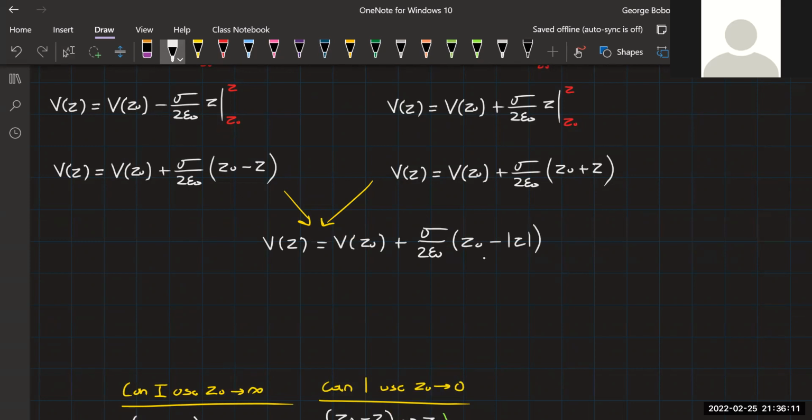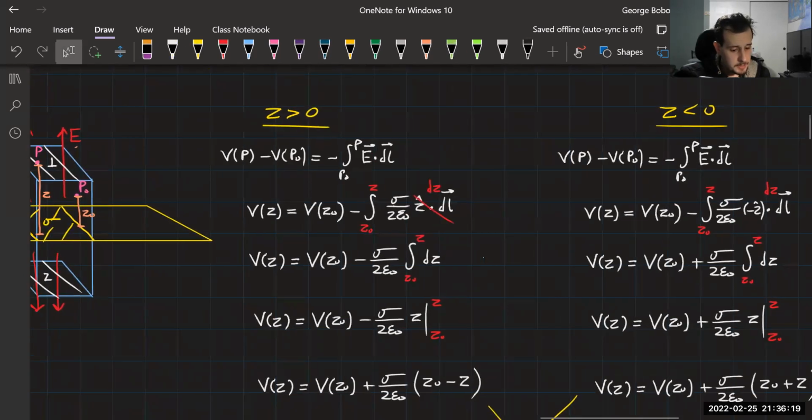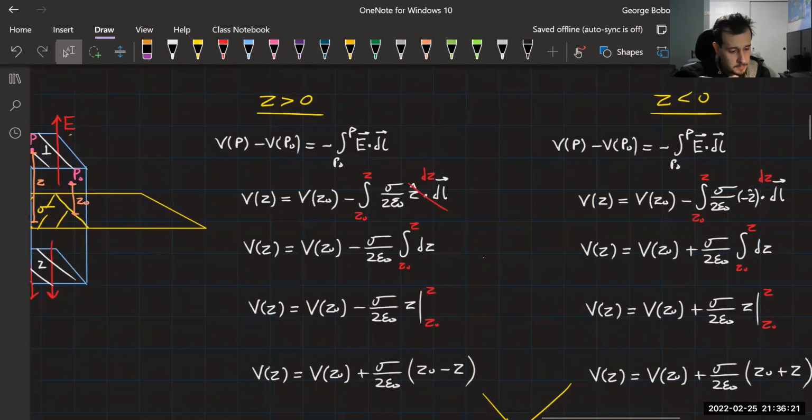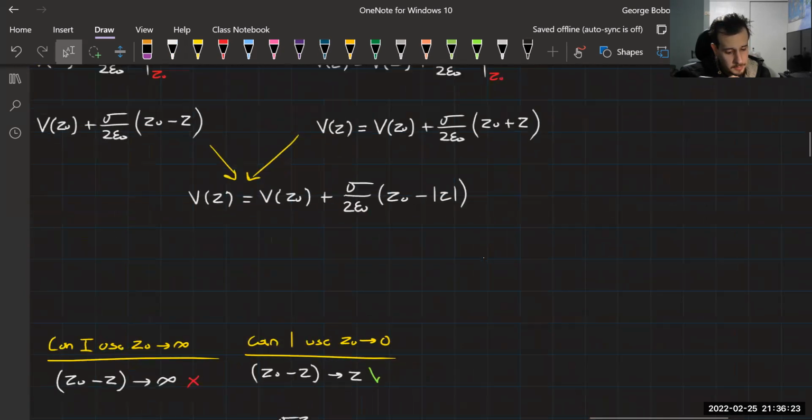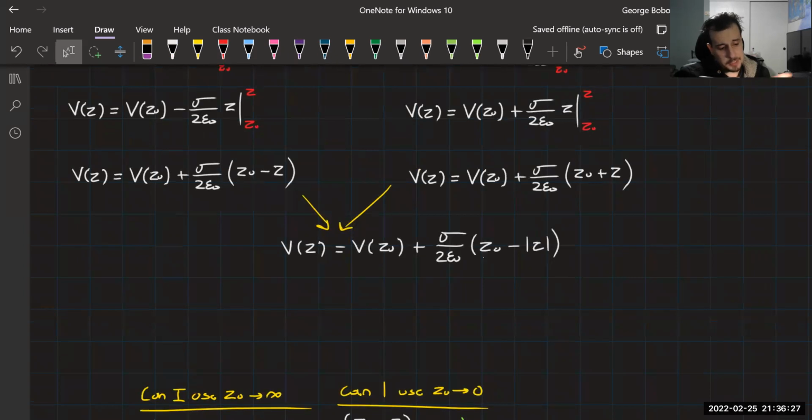Let me make sure I'm doing this right, of course. One second. So there's the negative there from z naught to z. Okay. Yeah, we're good. So I can combine these with an absolute value and express both above and below results in one function.